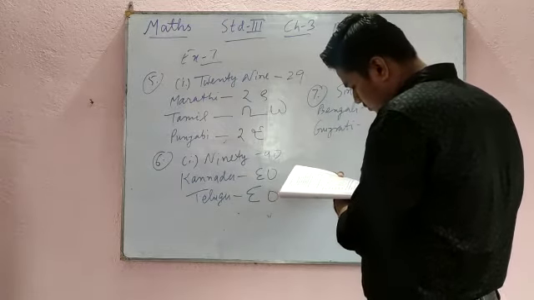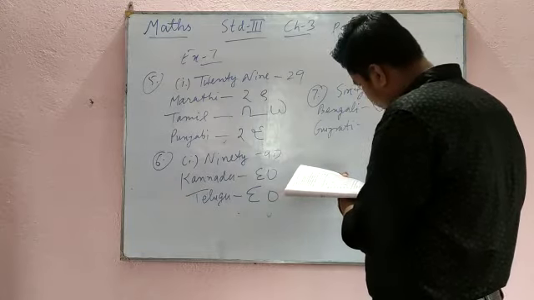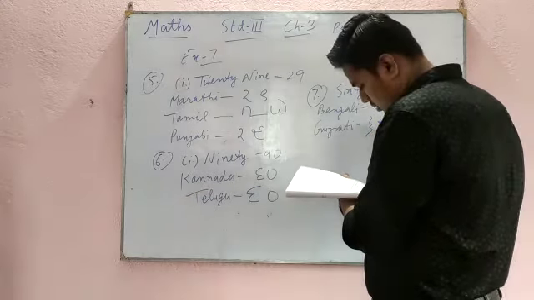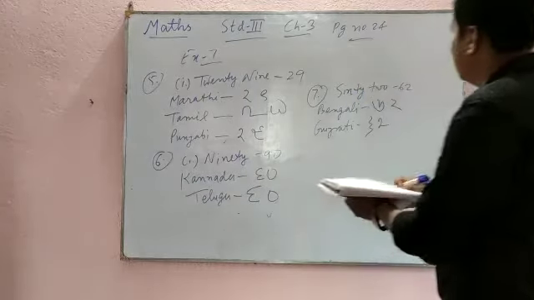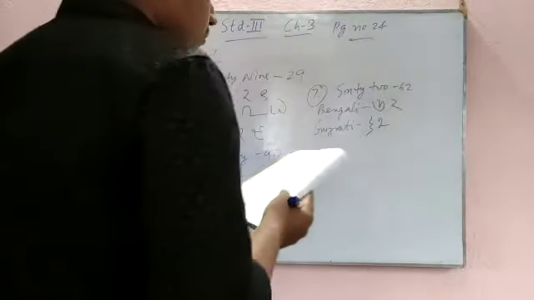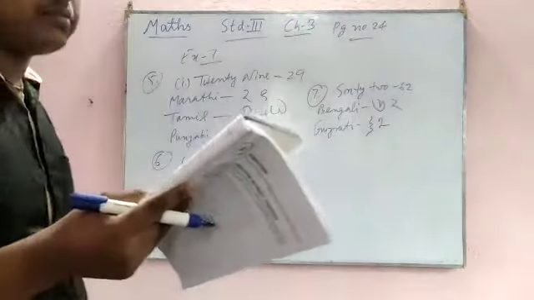Gujarati 6 is 6, 2. Okay. Question 8 is write the following number in Marathi, Gujarati, Bengali, Telugu, Punjabi, Kannada, Tamil, Hindi, all.